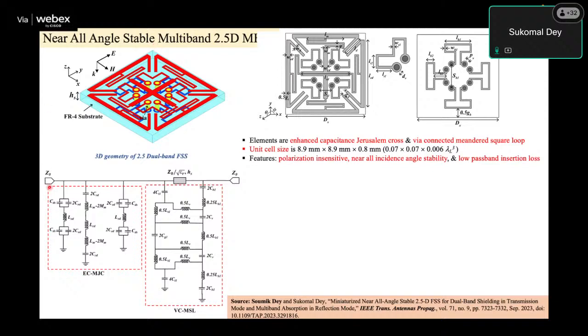Your Z naught is not 50 ohm, your Z naught is 377 ohm. With respect to the top layer, this is the corresponding equivalent circuit model. After that, with respect to the bottom layer, you have this.